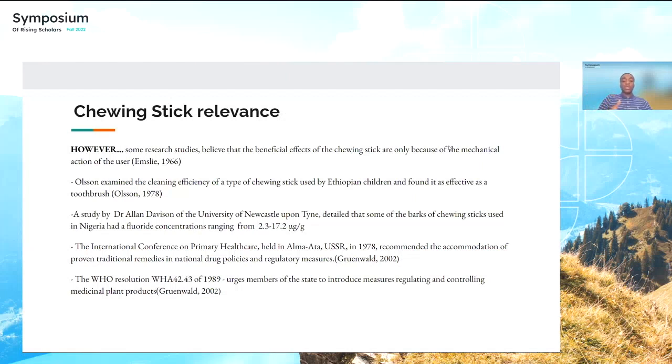But certain studies, such as one carried out by Olson in 1978 on chewing sticks used in Ethiopia by Ethiopian children, found them to be as effective as a toothbrush. And also a study by Dr. Alan Davison from the University of Newcastle has shown that some chewing sticks have fluoride concentrations ranging from 2.3 to 17.2 micrograms per gram.